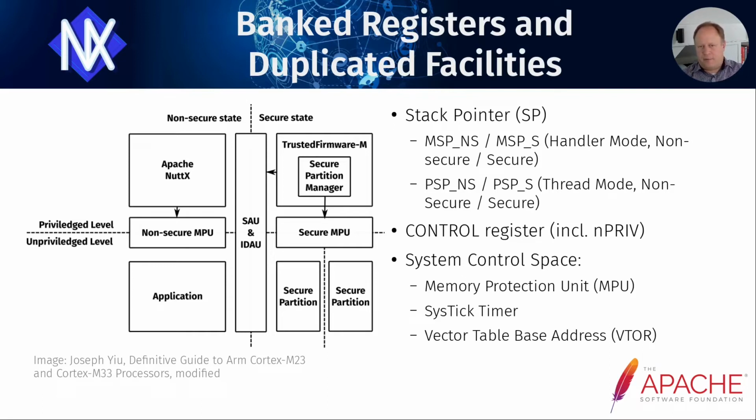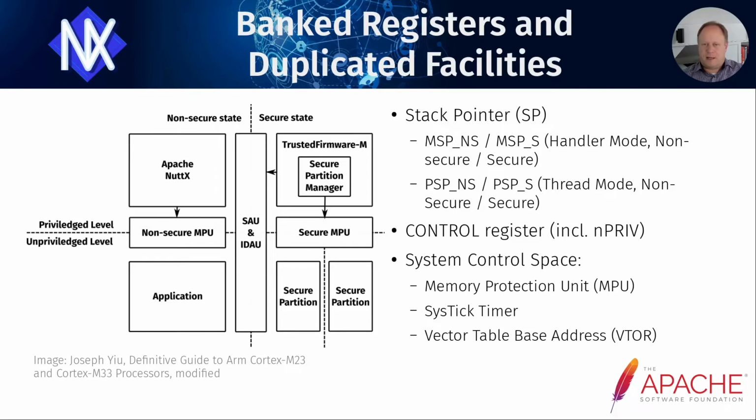Furthermore, some facilities are duplicated. For example, there are two instances of the memory protection unit for the two security states. Thus, the TrustedFirmware-M Secure Partition Manager can use the secure MPU to isolate the secure partitions from each other, while NuttX in protected mode uses the MPU to isolate the OS kernel from the user space application.